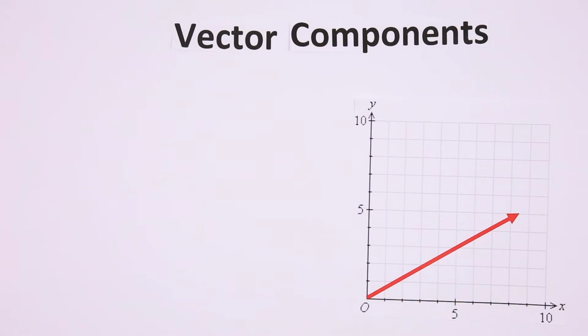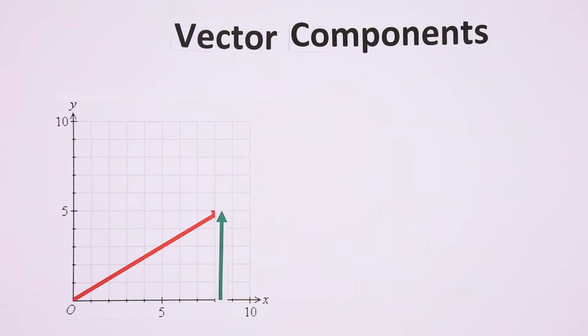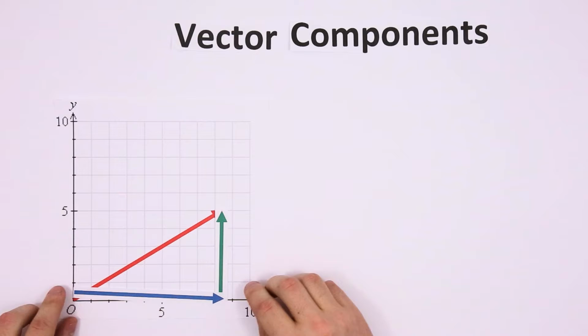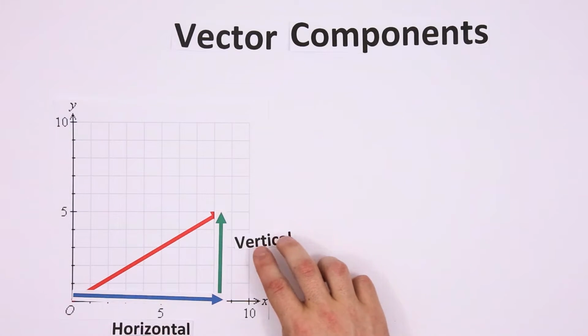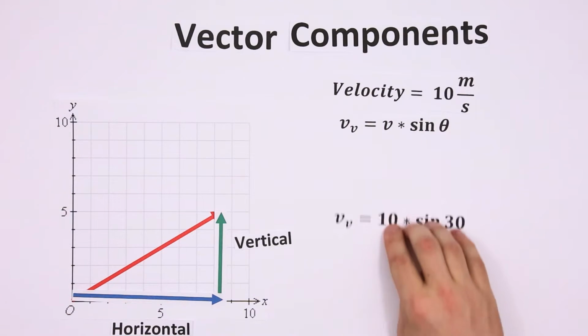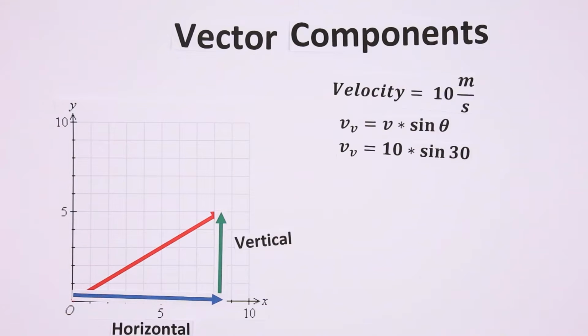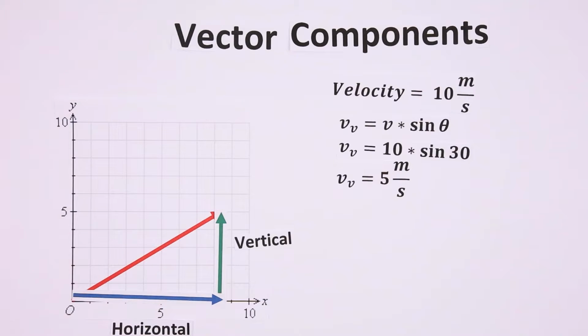We can draw our velocity on a triangle diagram and then use our trigonometry laws to split our original velocity into these two components. Applying our trigonometry, we know that the vertical component, vv, is equal to our original velocity, v, multiplied by the sine of our angle, which is 30 degrees. From this, we can calculate that our vertical component of our original velocity is 5 meters per second upwards.